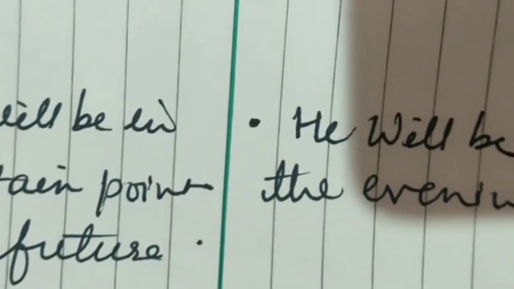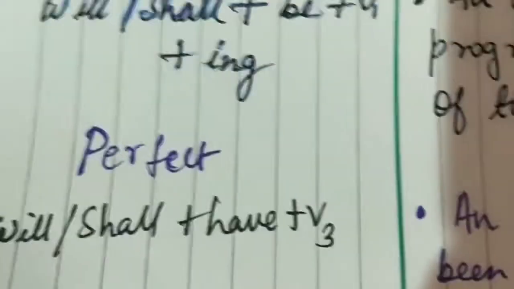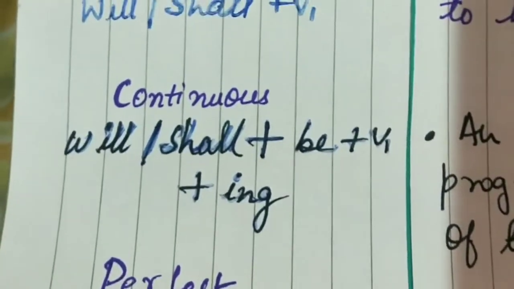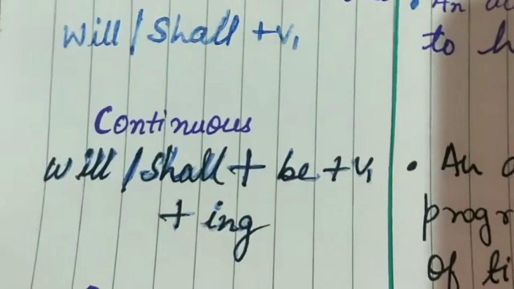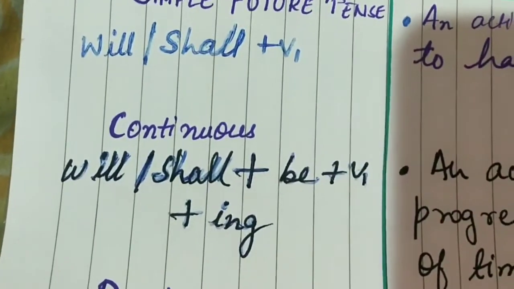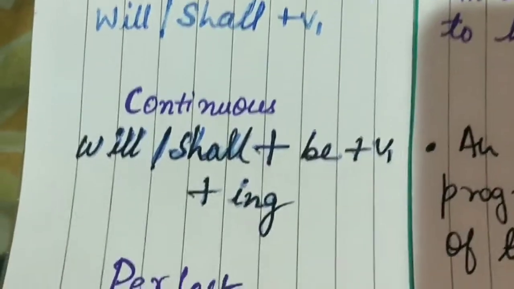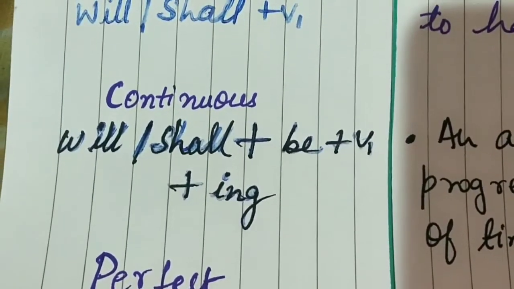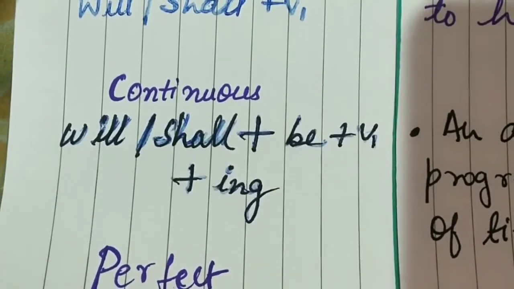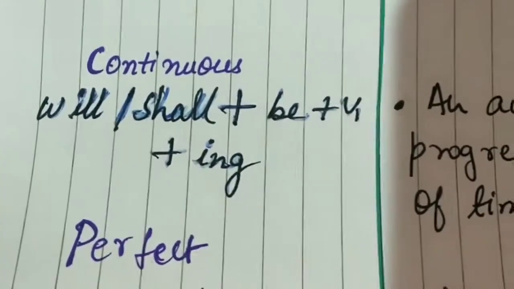Now let's see the future continuous tense. In future continuous tense, the formation of the sentences will be subject plus will or shall plus be plus V1 form of the verb plus ing, followed by the object.